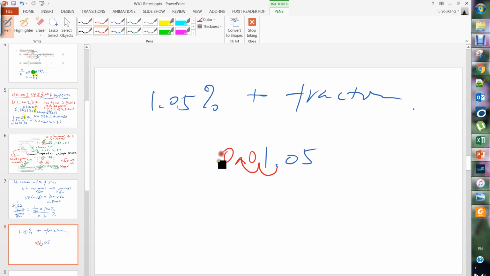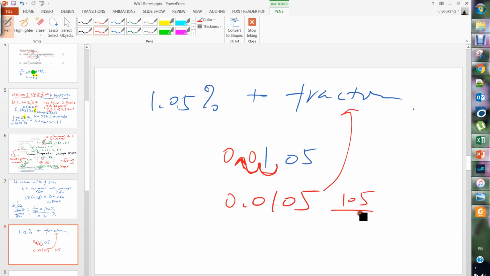So just fill it up with 0, and then move your decimal to the left by 2 places. So you end up with 0.0105. Okay, so they ask you to convert into fraction, right? So this is a decimal, and then just do this. So you convert to fraction, and then all you do is you divide by 5, you get 21, you divide by 5, and you get this, right? So the answer is this. Okay, very easy.